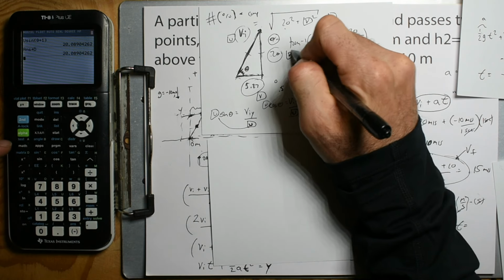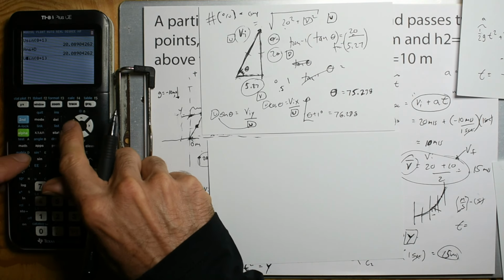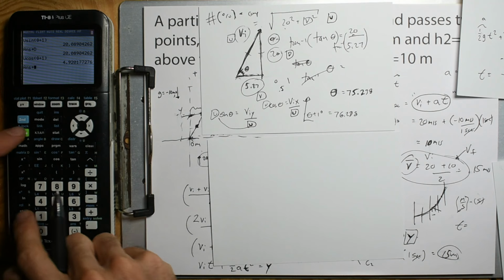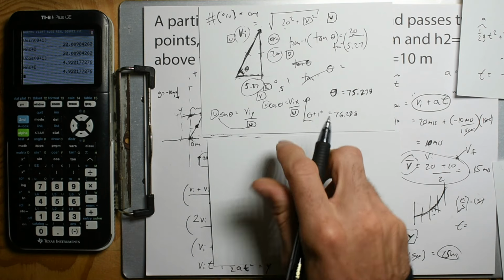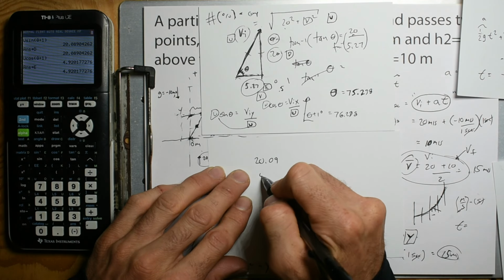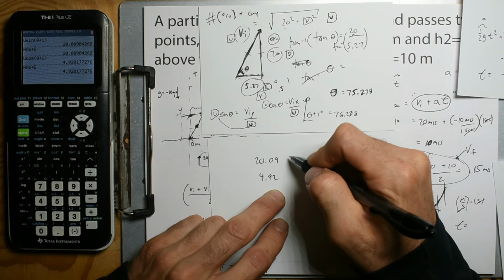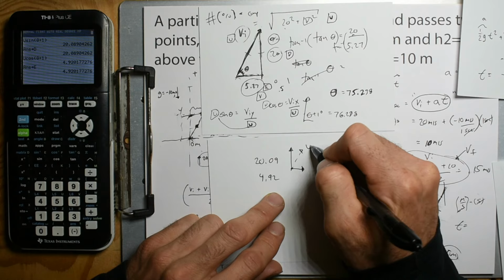Then I'm going to do alpha u cosine, and store that as alpha e. Okay, so I have 20.09 basically, and then 4.92. Those are my two components, and then there's my resultant, and that's going to be u.